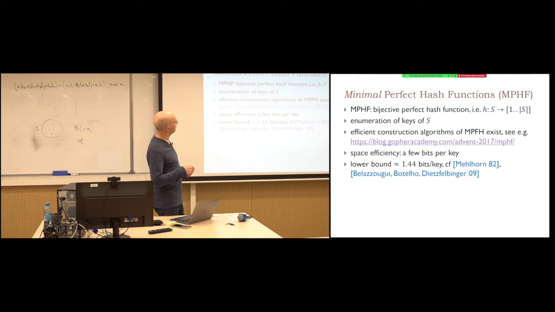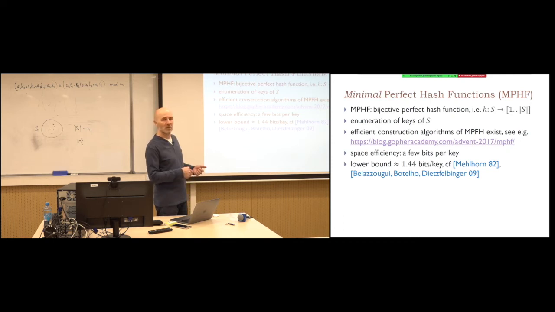The hash function itself takes space to store it. So the hash function itself here is a data structure. And this data structure, moreover, has a lower bound of about 144 bits per key. So we need at least 144 bits per key to store this hash function.